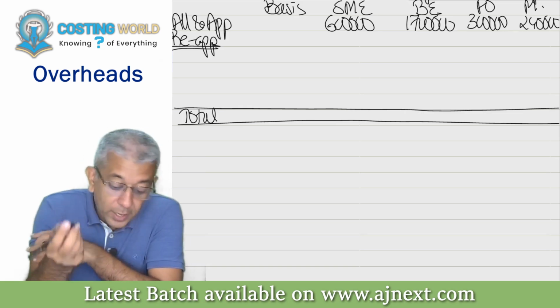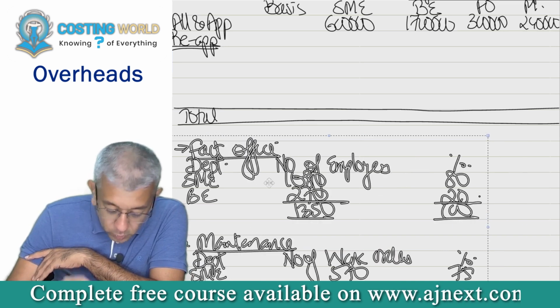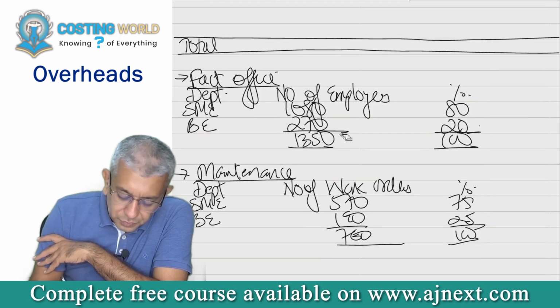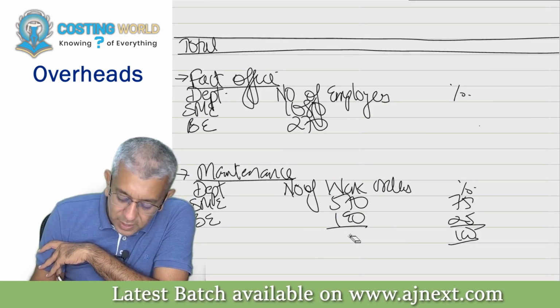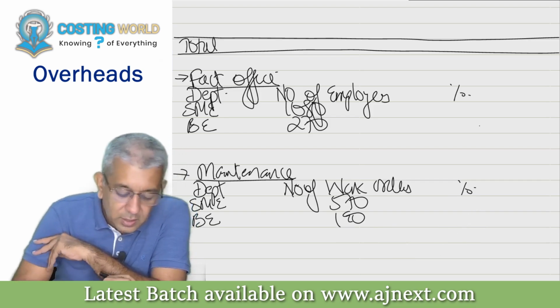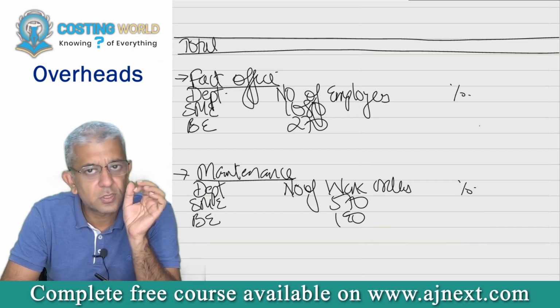Now what to do? I don't know from where to start. So you all do this work for me first. Listen very carefully, please. The cost driver of factory office is number of employees.